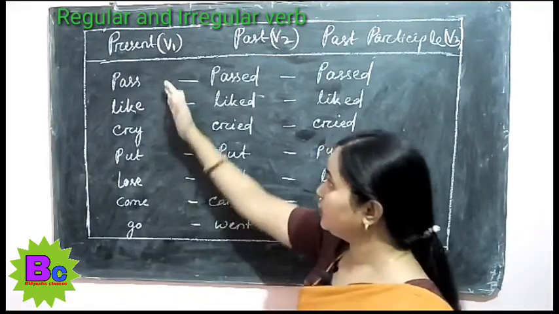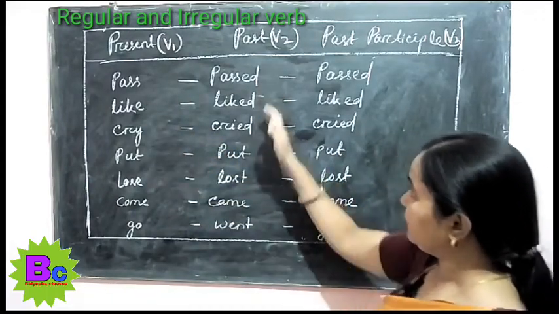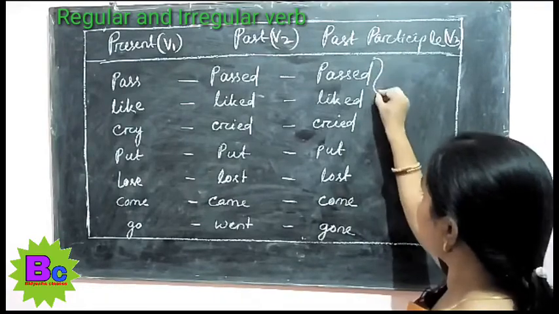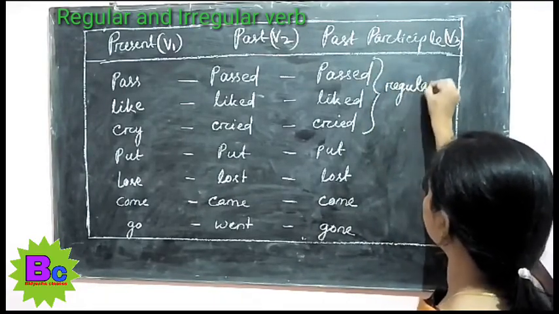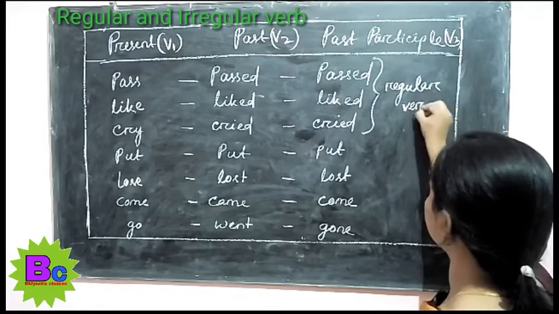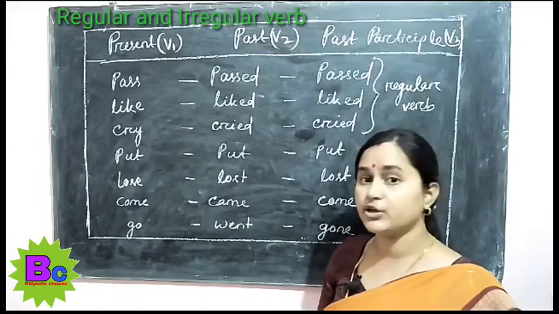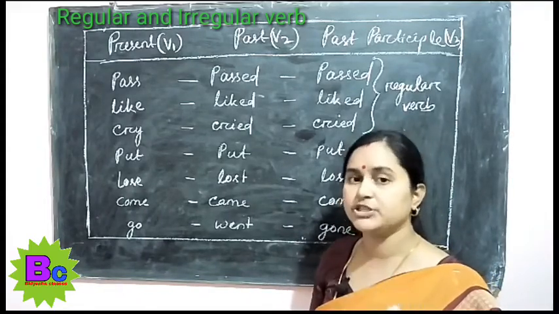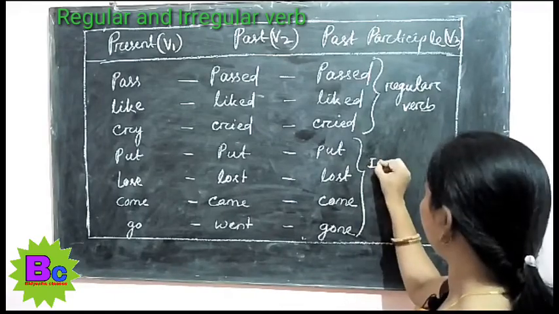For example, look at the three: pass, like and cry. They follow a fixed pattern, so these are called regular verbs. And look at the other four examples, they are not following any fixed pattern. So these four come under irregular verbs.